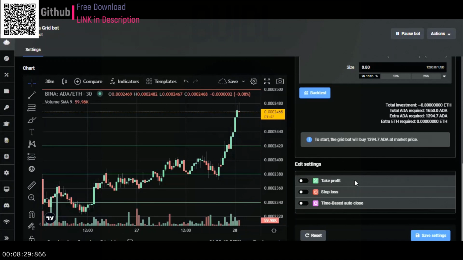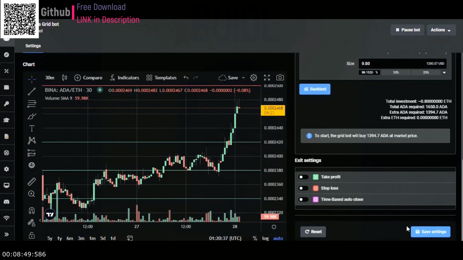Either way it is okay for me, because these two coins are good coins, so I'm not worried about keeping either ADA or Ethereum in case the grid bot goes away from the grid line. So I'm not going to change these settings.